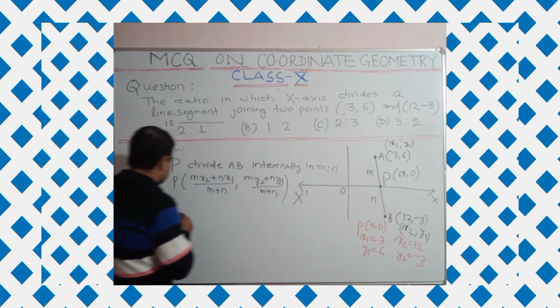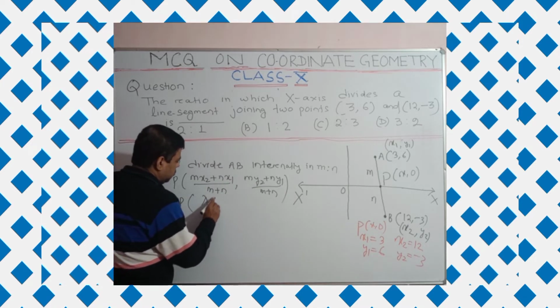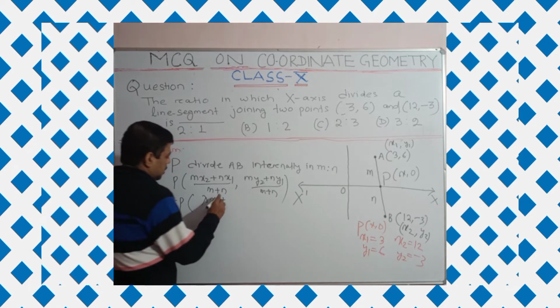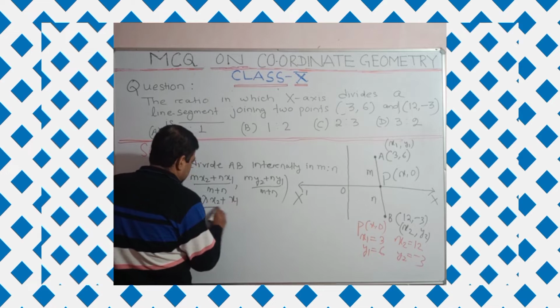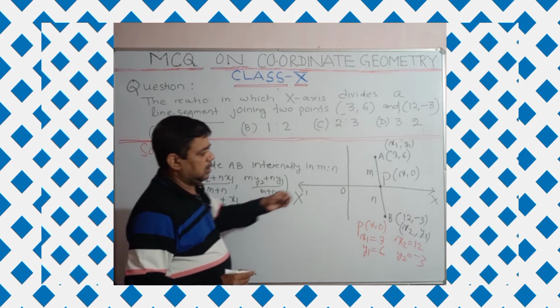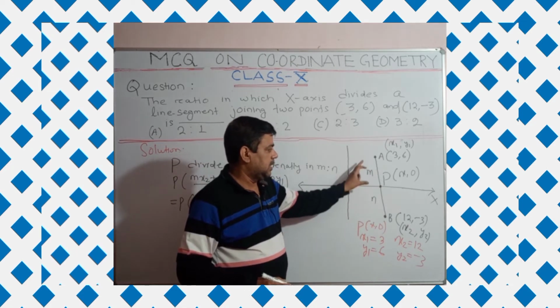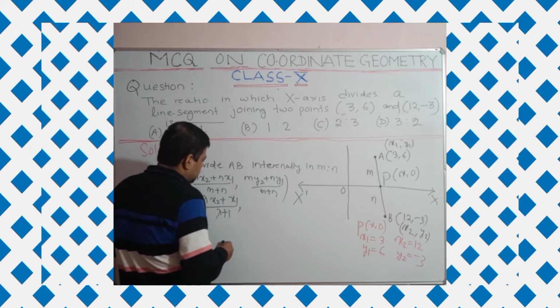Or sometimes we use another formula also. Okay, lambda x2 plus x1 divided by lambda plus 1, in these cases the point P divides AB in the ratio lambda is to 1. Mostly students can use this formula also.